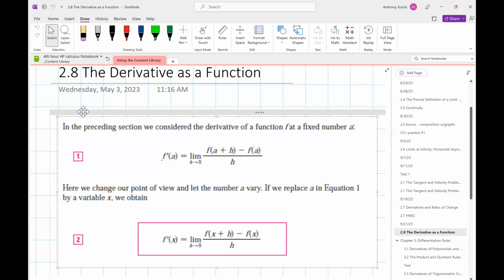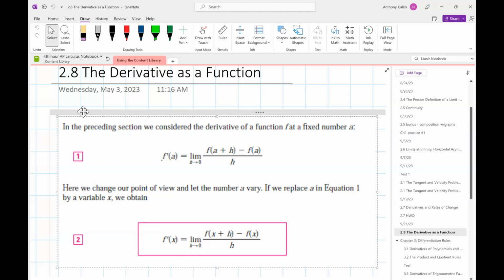Where f prime of a is equal to the limit as h approaches 0 of f of a plus h minus f of a, divided by h. Here, we're going to change this conceptually, but algebraically it remains identical. Instead of a being a fixed value, we're now going to use the variable x.